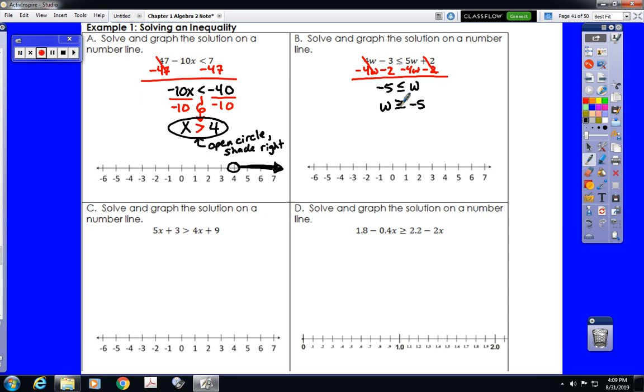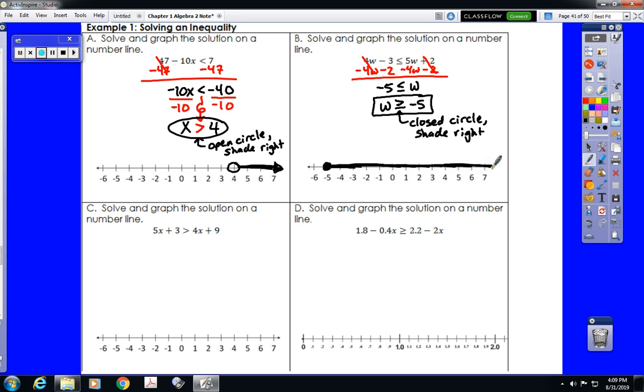Now when we reverse that, the mouth, which wants to eat the bigger object, is still going to be facing the W. So our answer is W is greater than or equal to -5, which indicates that we have a closed circle. And again, we are going to shade greater than, which is to the right. So we have a closed circle at -5, and we're shading everything to the right.